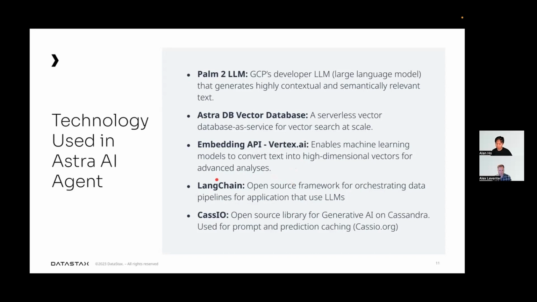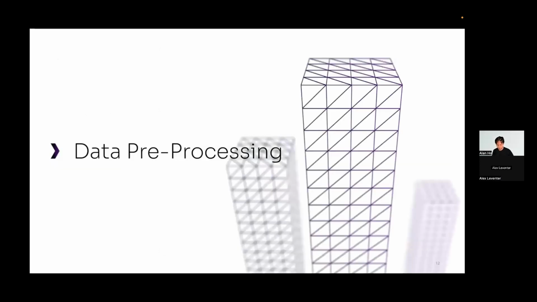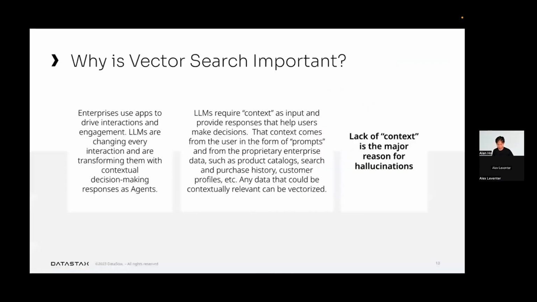We're leveraging LangChain. And then we've also open sourced a new project called Cass-io, which basically allows you to create this highly scalable agent memory, which plugs into all the very common frameworks, such as LangChain, and hopefully very soon, LlamaIndex.